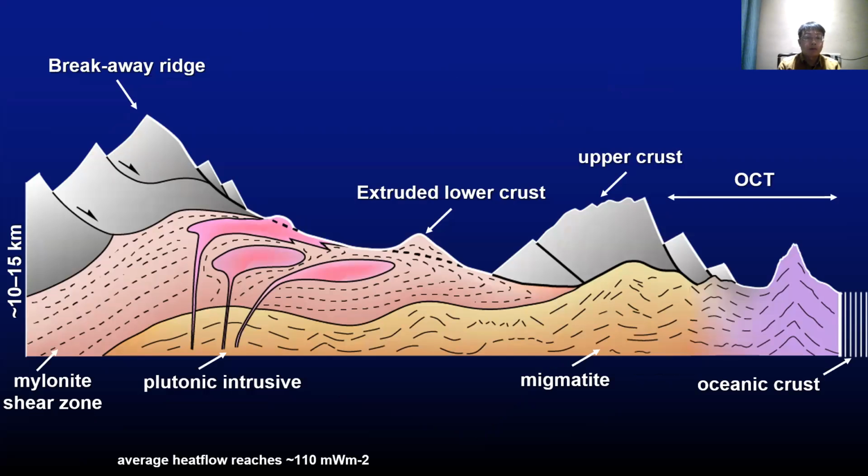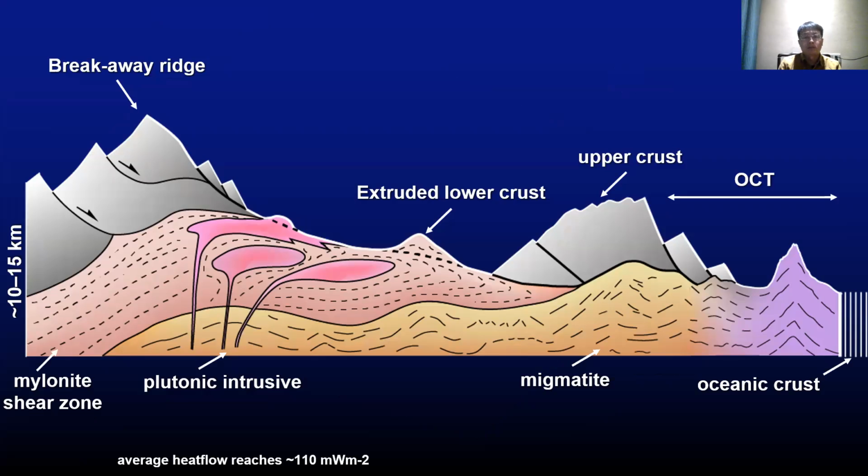So the structural model of the distal part of the South China Sea is mainly composed of large detachment faults. This detachment fault has thinned the continental crust by breakup of the brittle part of the upper continental crust and exhumed the lower continental crust.